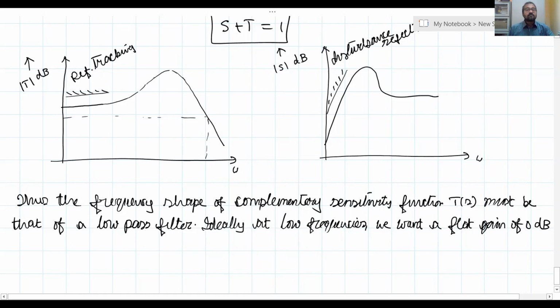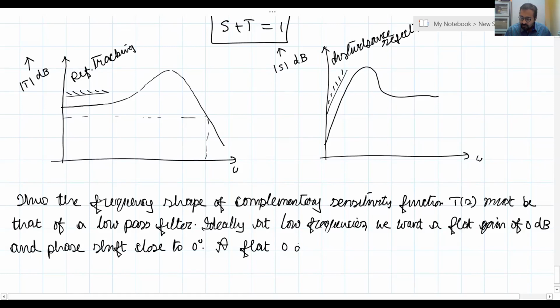What do you mean by 0 dB? 0 dB means in absolute value, the gain is 1, because 20 log 1 is 0. So ideally we want a flat gain of 0 dB and phase shift close to 0 degrees.